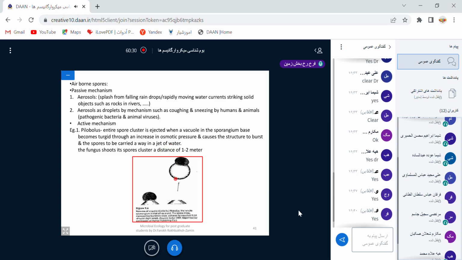So here the mother cell, the fungus, is helping its spores go some distance away from it by the help of a jet of water.